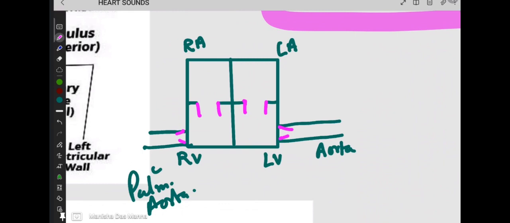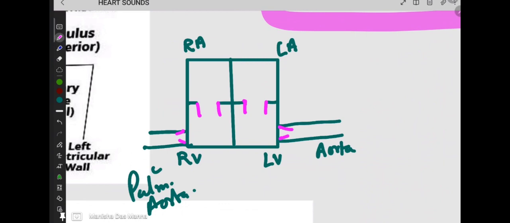For this moment, this is just the introductory or opening statement. During ventricular systole, there is a tendency of the backflow of the blood towards the atria.